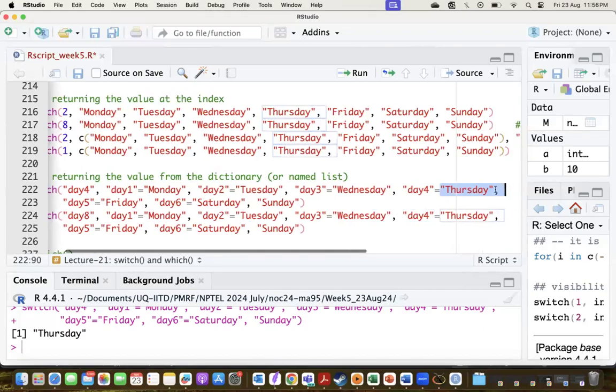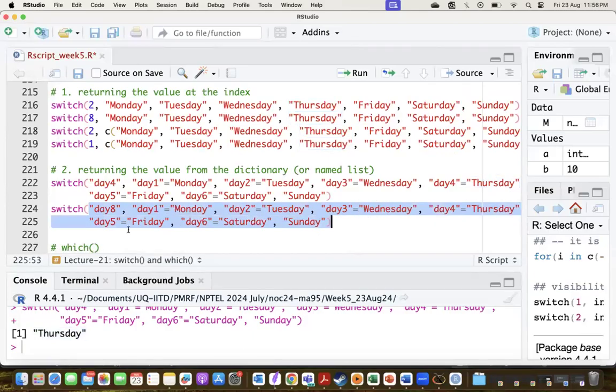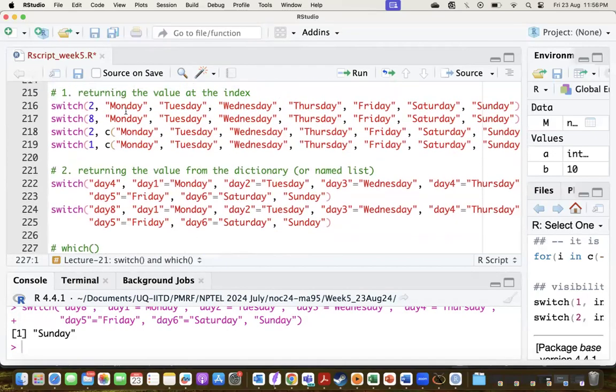What was the value of day 4? That's Thursday. So it gave me Thursday as the output. But now in this case, I'm writing day 8, but day 8 is not there. However, when we are working with names here, the value without a name is considered to be a default value.